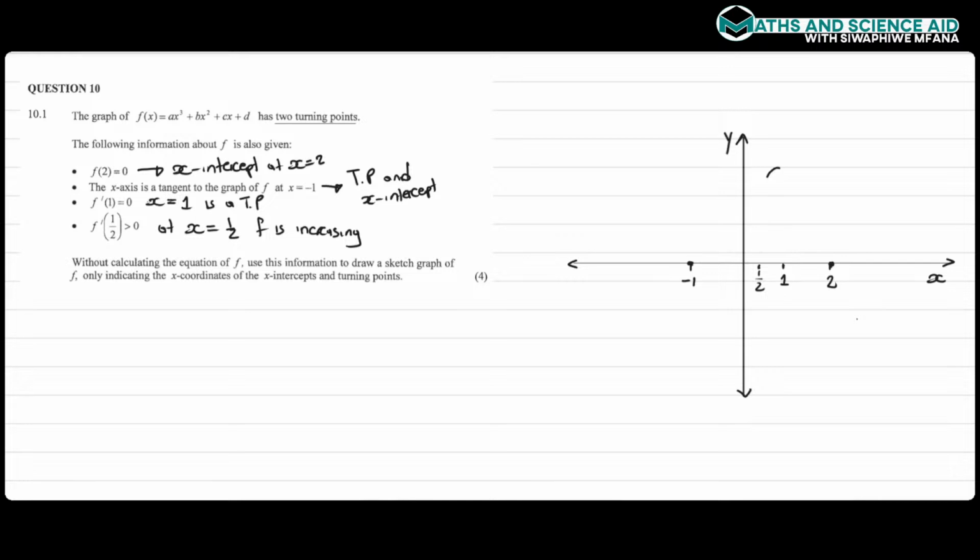Okay, let me try to do it. So I think it's going to be something like this, right? And it is increasing. Okay, it is increasing. Oh, so actually this shape is not necessarily going to be the same as that one.